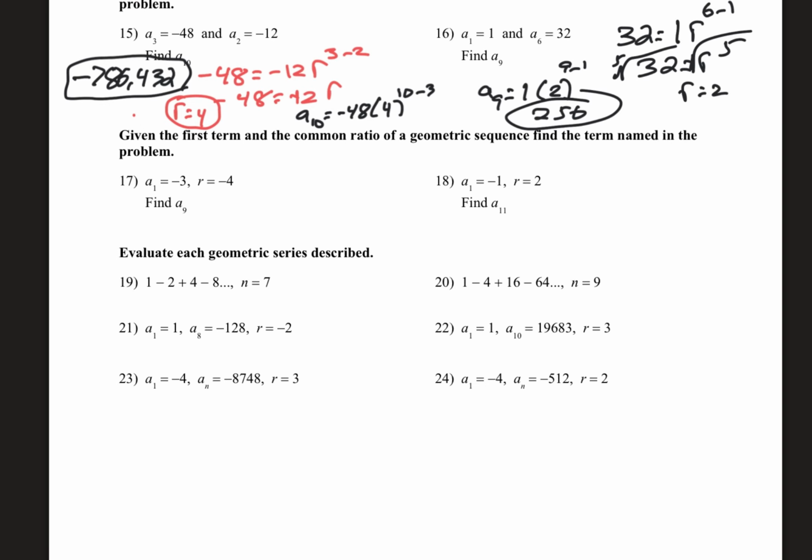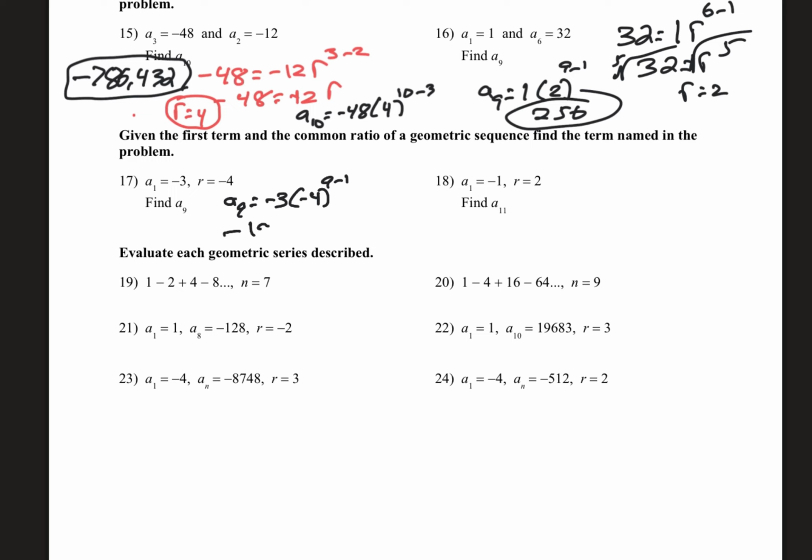Number 17, given the first term and the common ratio. So a of 9 equals negative 3 times negative 4 to the 9 minus 1. So negative 3 times negative 4 raised to the 8th.